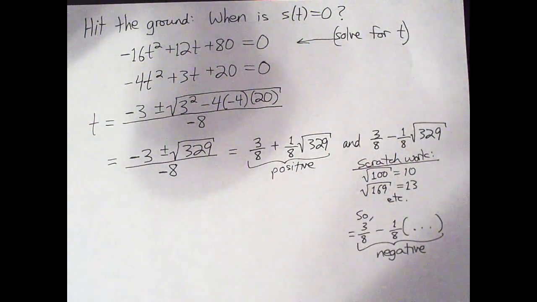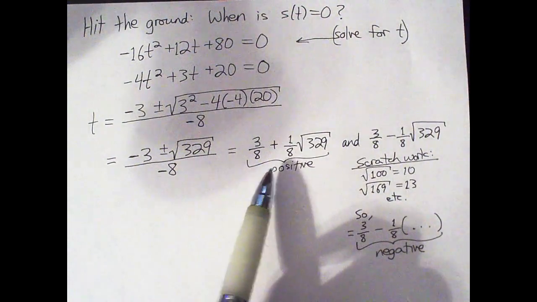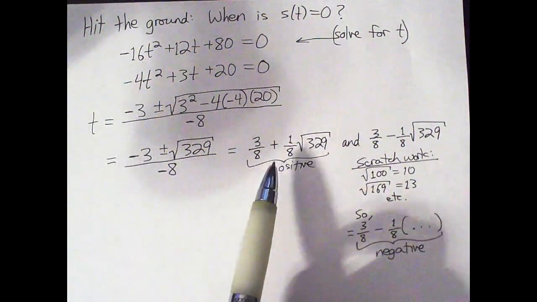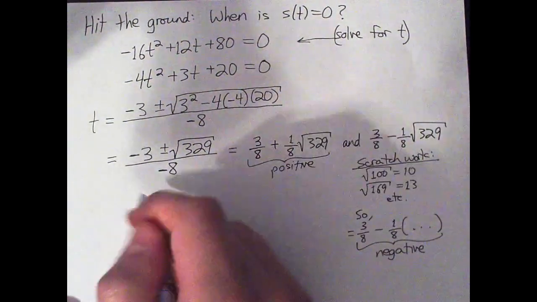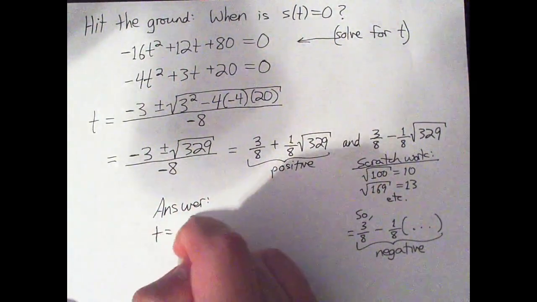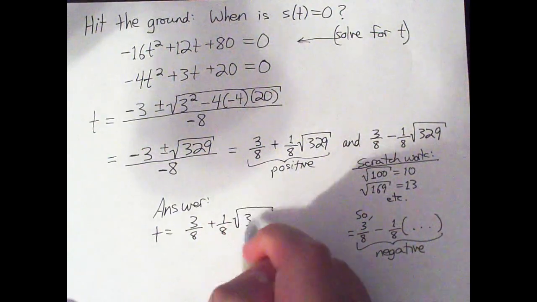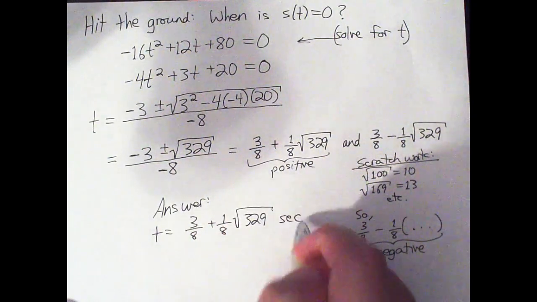There can only be one answer, and I don't think that the package can hit the ground before it was dropped. The package has to hit the ground at a time after it was dropped. So this is going to be the answer: 3/8 plus 1/8 square root 329 seconds.